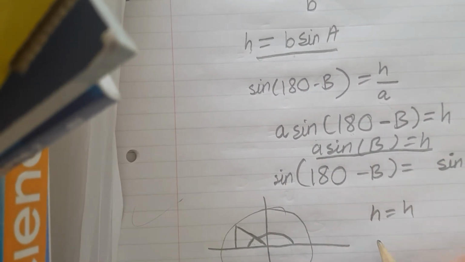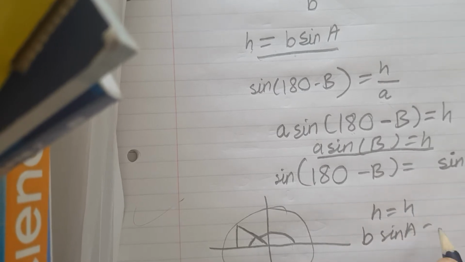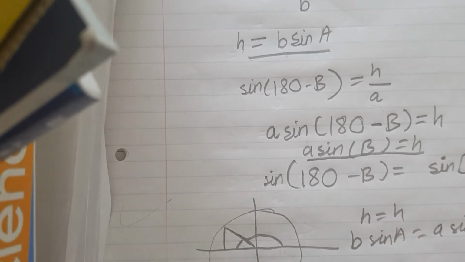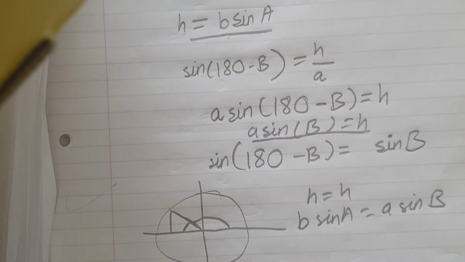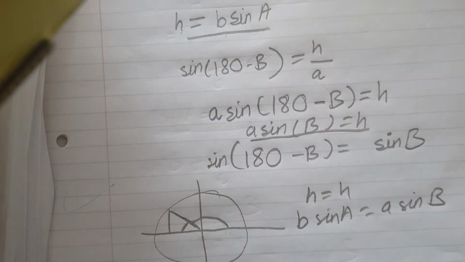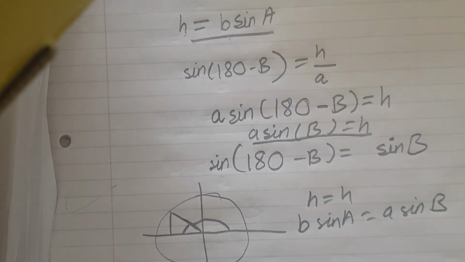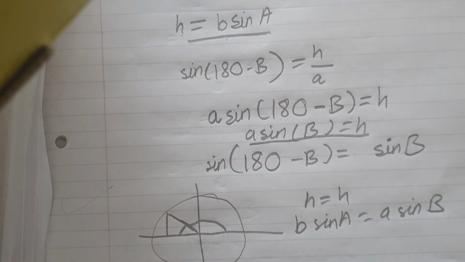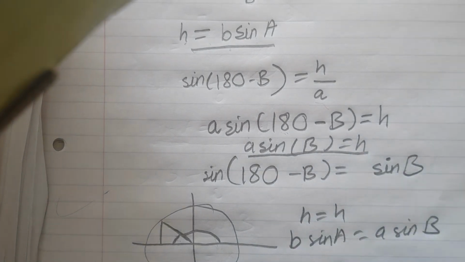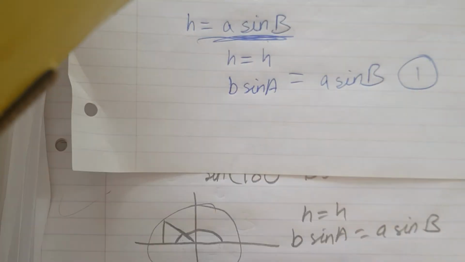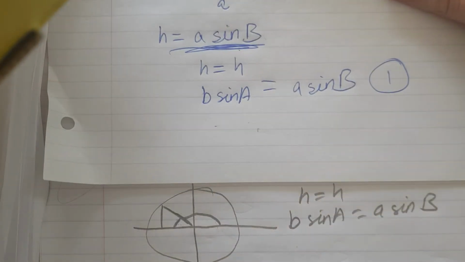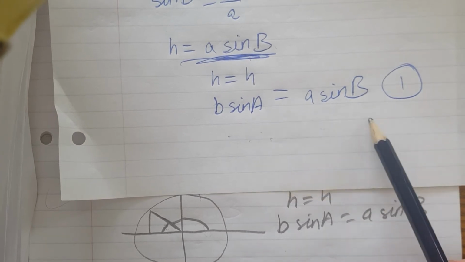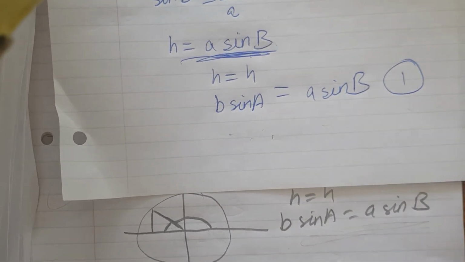So B sin A is equal to A sin B. And this is exactly what we had in the last part of the question, where we had our acute angle triangle. We had B sin A is equal to A sin B, so we just have the exact same thing here.